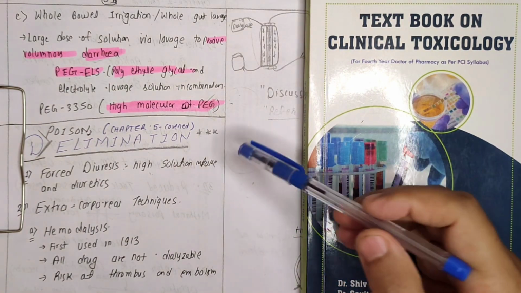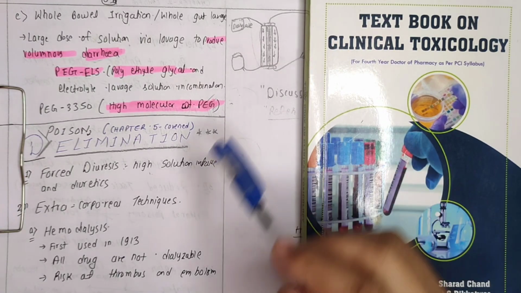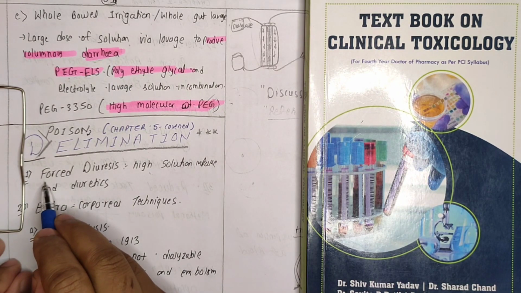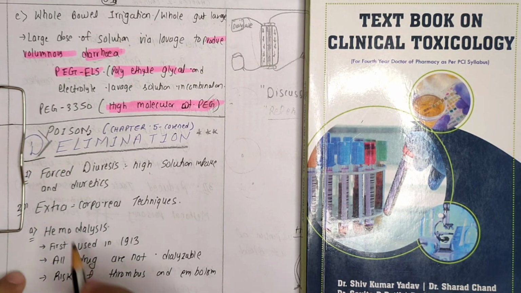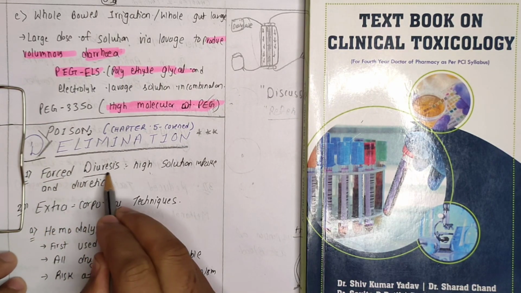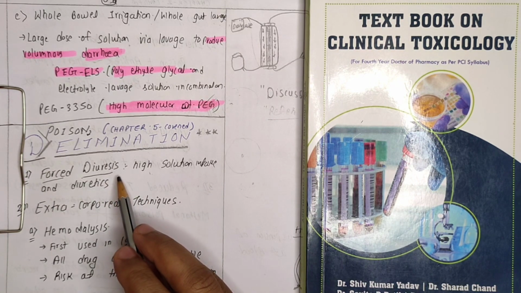So basically there are two different techniques by which we can remove the absorbed poison. First is forced diuresis. In forced diuresis, we administer some diuretics to the patient. These diuretics go to the nephron of the kidney, where they work on various channels and pumps.